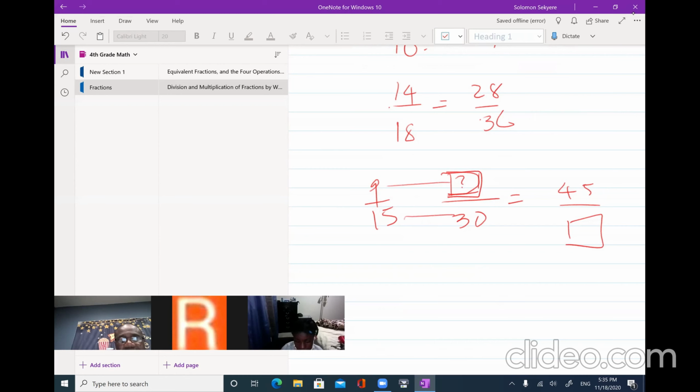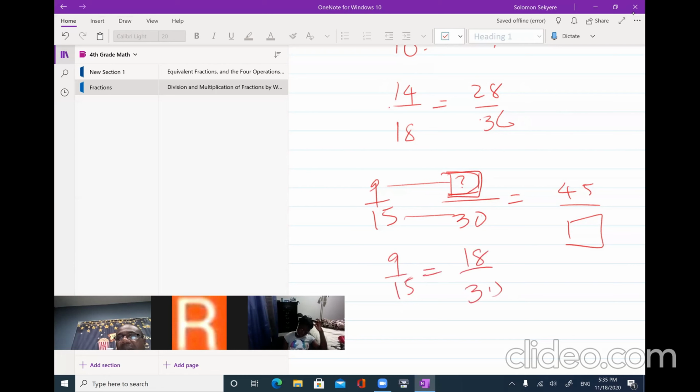This 15 is changing to 30. 9 will change to what? 18. This is the same as 18 over 30, right?